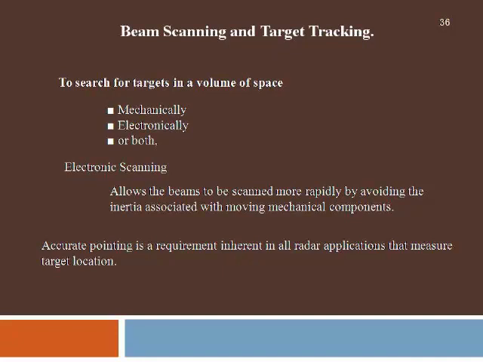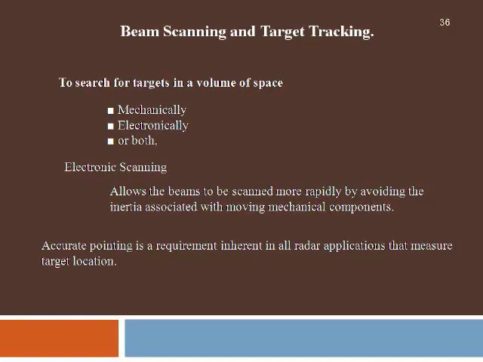In electronic scanning, the antenna is not moved, whereas the beam is moved to different locations. Whereas in mechanical scanning, the antenna is moved to different locations by using motors, and the beam will be pointed in different directions.